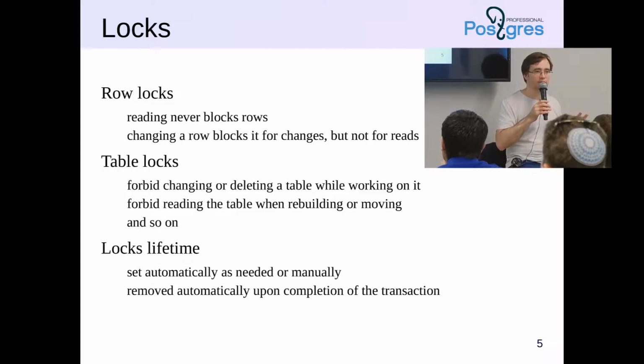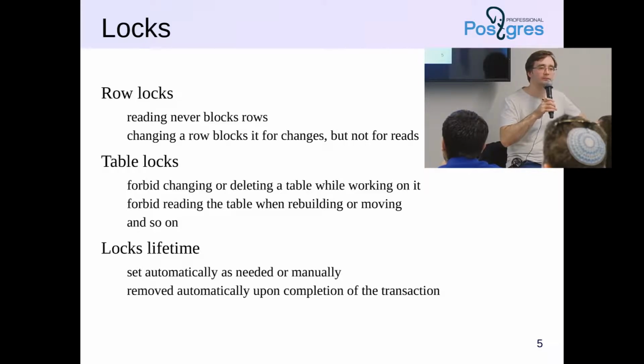Reading never blocks other reading transactions and never blocks changing transactions, writing transactions. And a writing transaction never blocks reading. So a lot of transactions can run on the same data simultaneously.